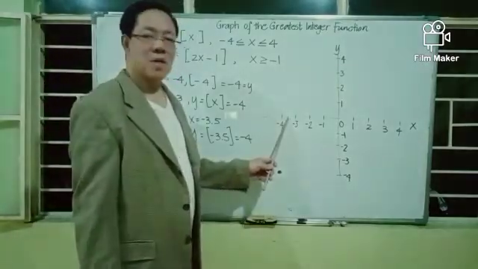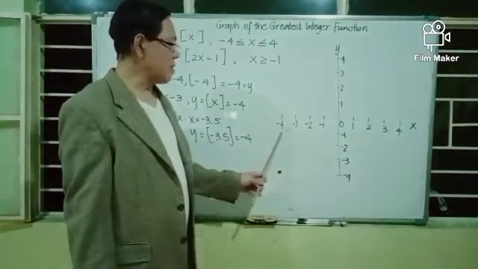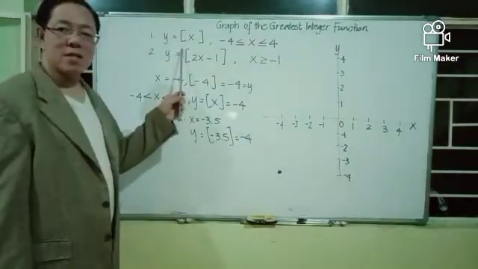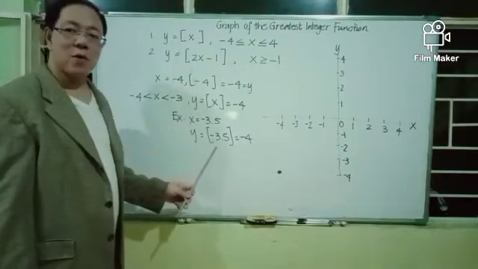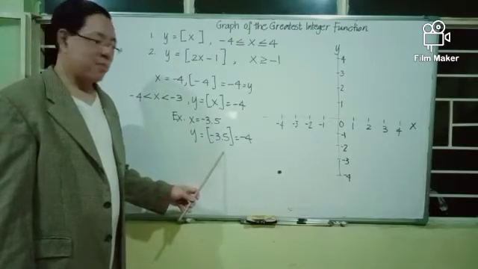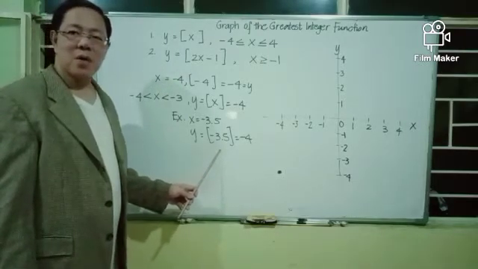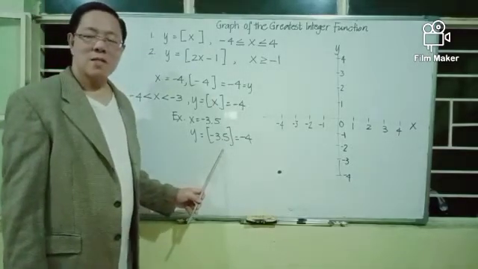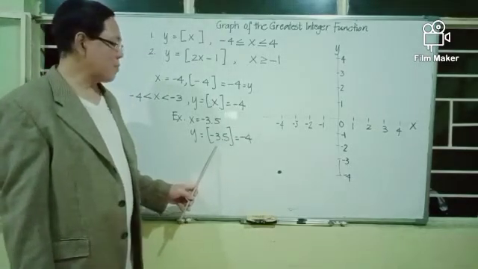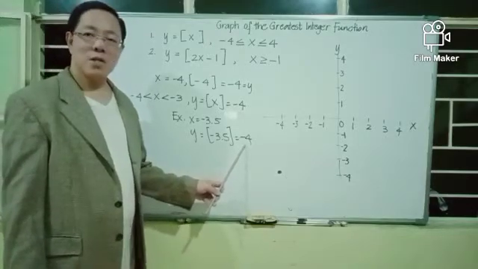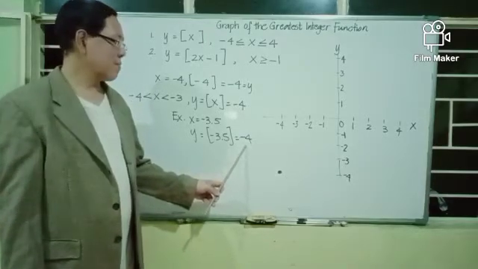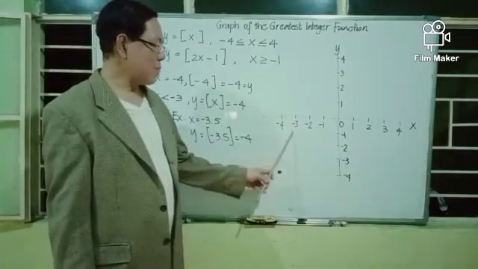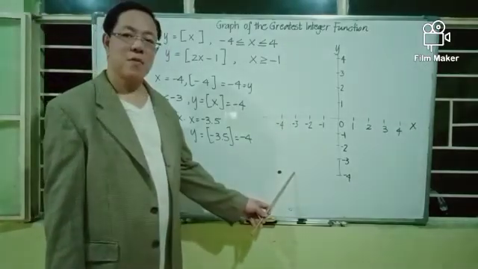Negative 3.5 is halfway between negative 4 and negative 3. The value of y defined by this greatest integer function is the floor of negative 3.5, the greatest integer that is less than or equal to negative 3.5. And that integer is negative 4. So when x is negative 3.5, the value of y is negative 4.